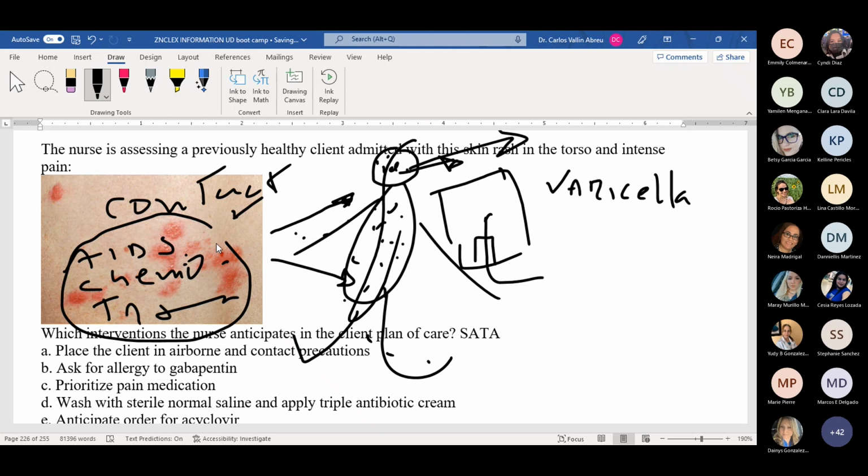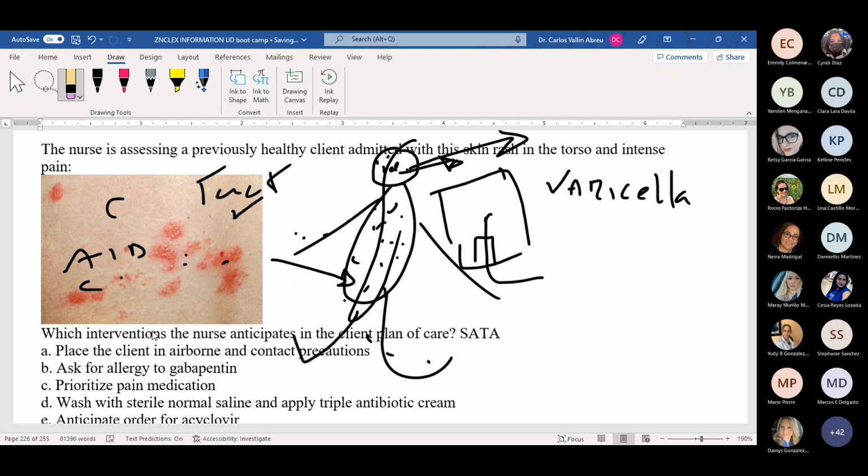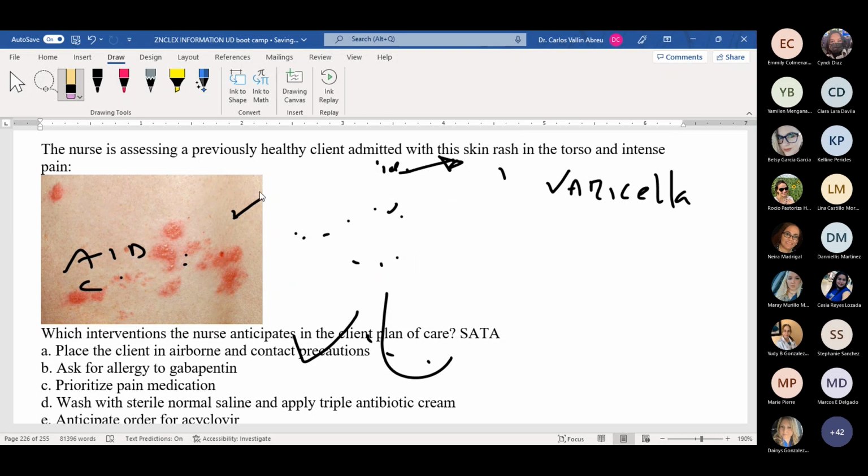So is the generalized disseminated shingles the one that requires airborne precaution? Because it's like a second varicella. You understand that? But this is very rare.